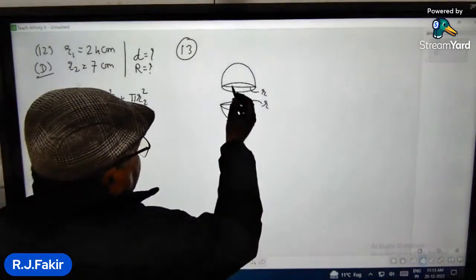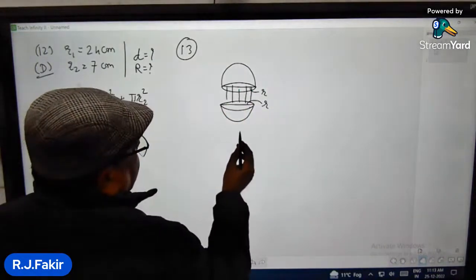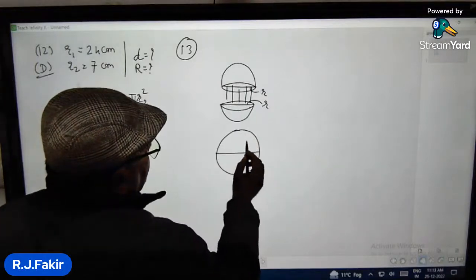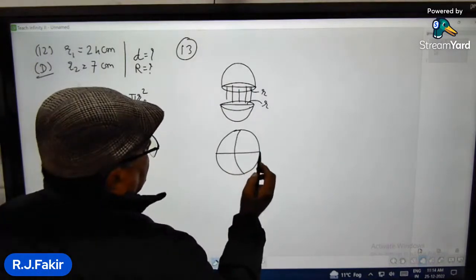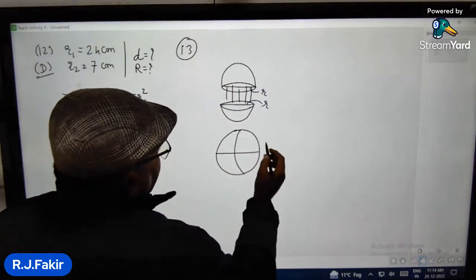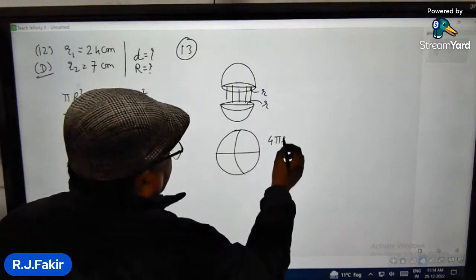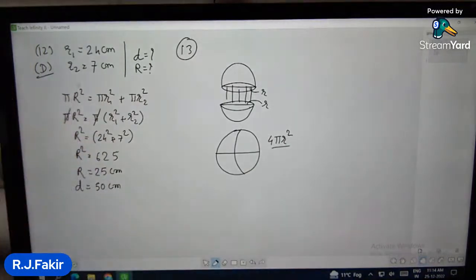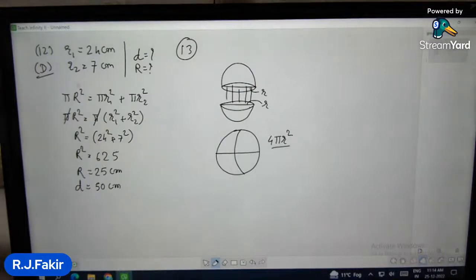And if you join them base-wise, what will happen? Basically they will result in a bigger sphere of radius r. And we already know that its surface area is given by 4 pi r square. So what is the option for 4 pi r square? It is option A.